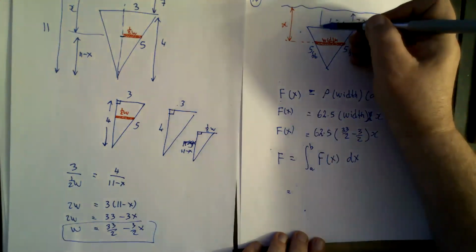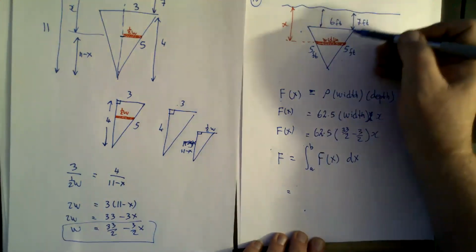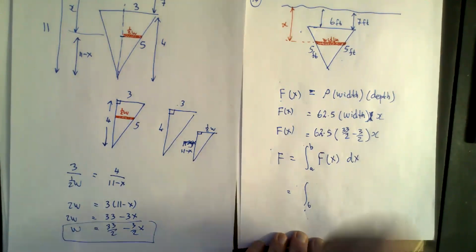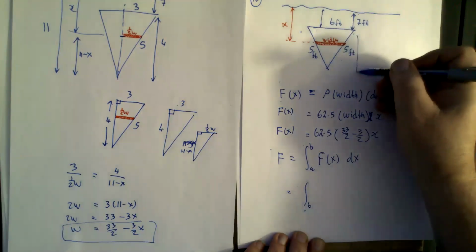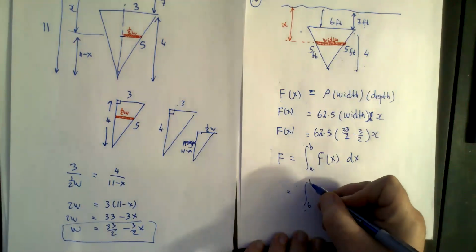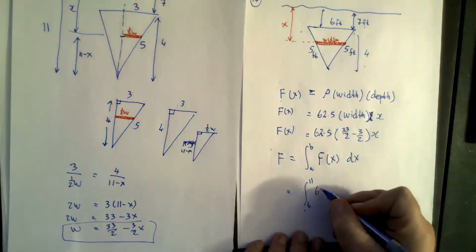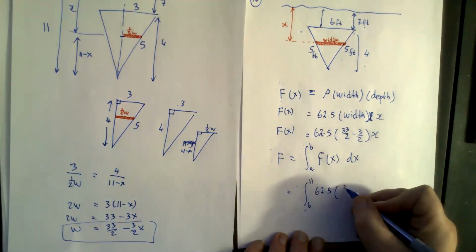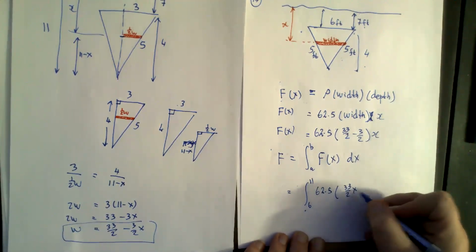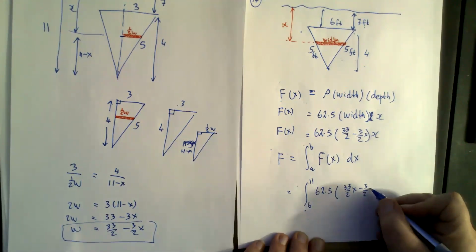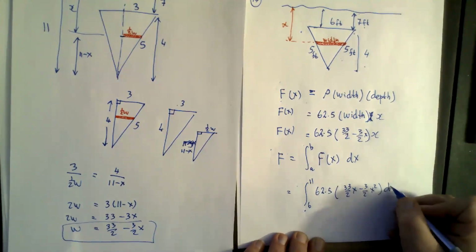And what is the depth? Well, the first number is actually this piece here, and that's 6 feet under the water. And the last number is this piece here, which we already found out was 11. And the force function is 62.5 times 33 over 2x, take away 3 over 2x squared dx.